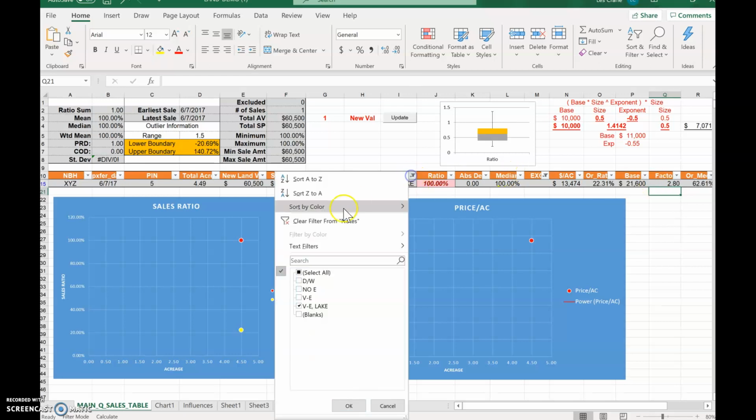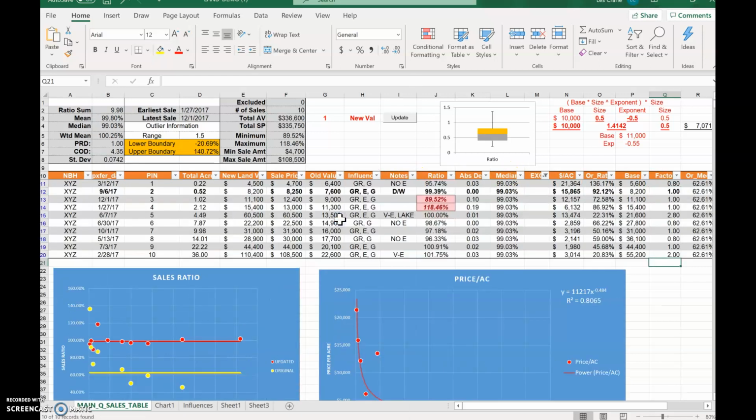So if we bring back all of our sales, and now we take a look, got all our sales, our median ratio is at 99%, our PRD is at 1.0, and our COD is 4.35. So all of those statistics are excellent and are well within what is allowed by IAAO.